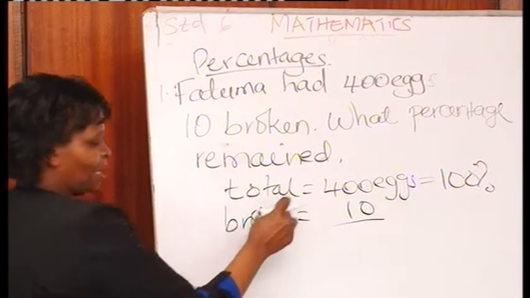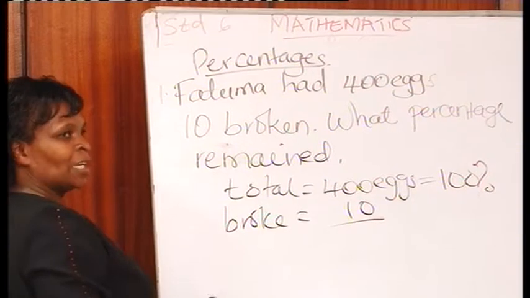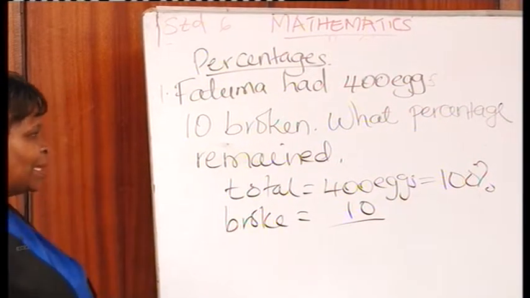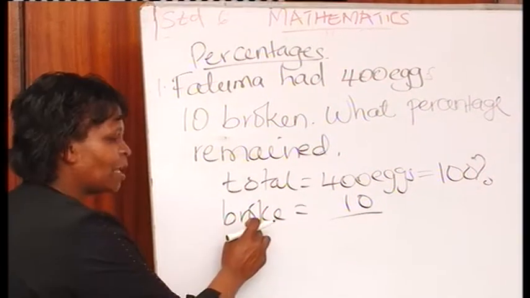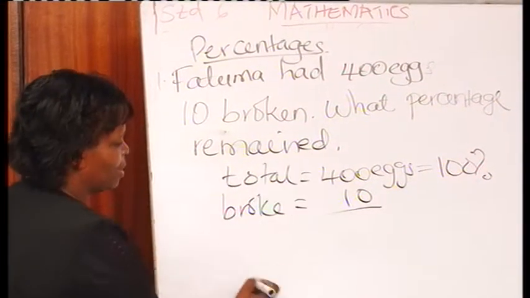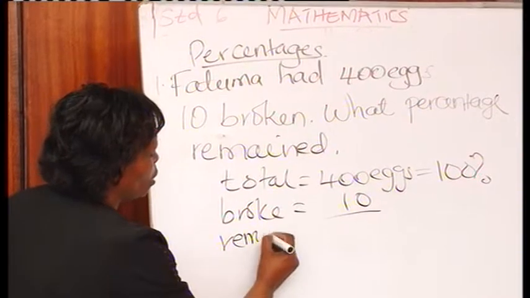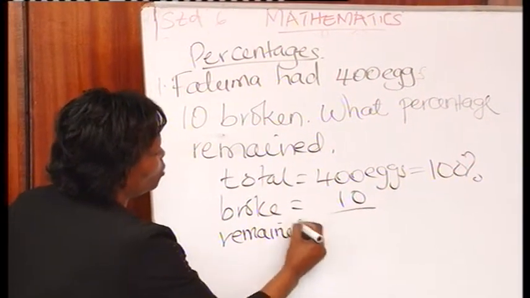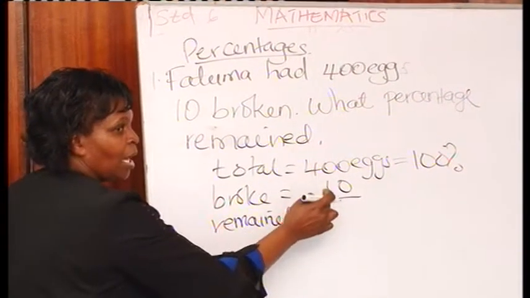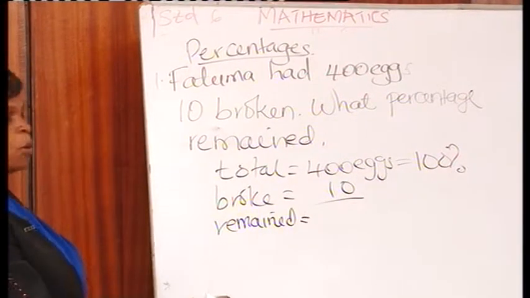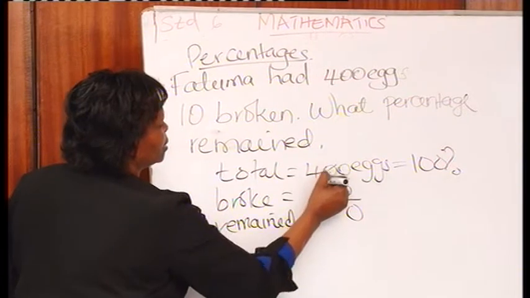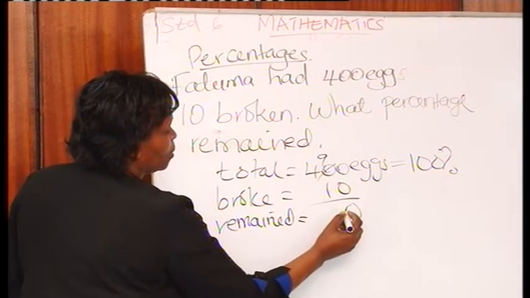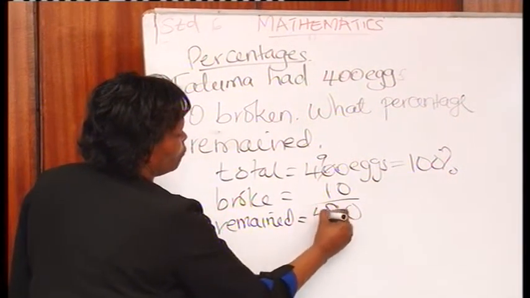So if there are some that broke, then in real sense, in our day-to-day life, there are some that remained. So I will need to get what remained. And what do I do? Since I have the total and I have what broke, then I will take away. 9 minus 1 is 8, then 4.